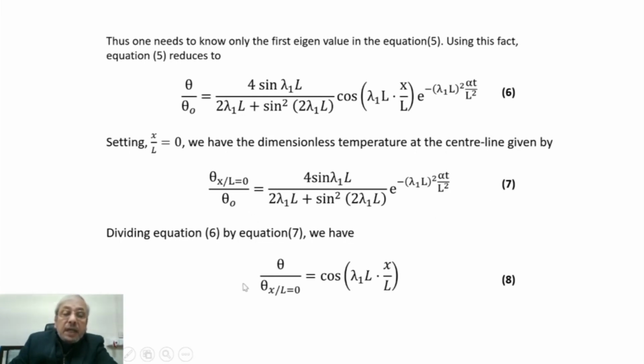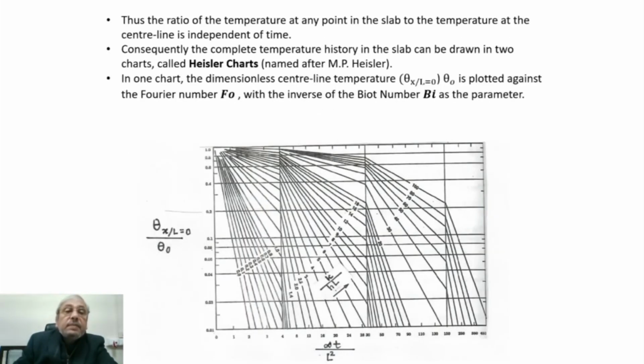That is theta, anywhere in the slab, at any x in the slab, divided by theta at x by L equal to 0 at the center line, equal to cos lambda 1 L into x by L. So these three are the final conclusions, 6, 7, 8 of our analysis.